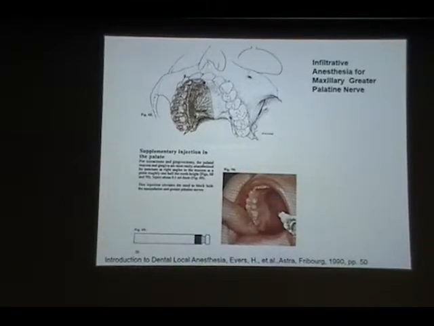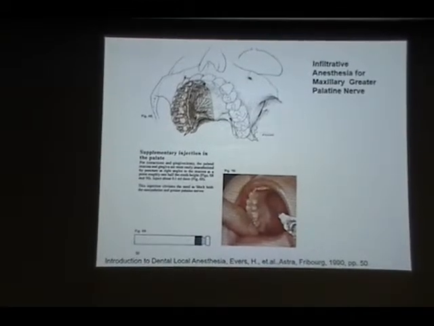Okay, so as that matrix band comes around the tooth to hold the material in the right place, it's going completely around the tooth, so it may dig into the palatal gingiva. So you may want the anesthetic there to prevent discomfort from that band coming around the tooth.